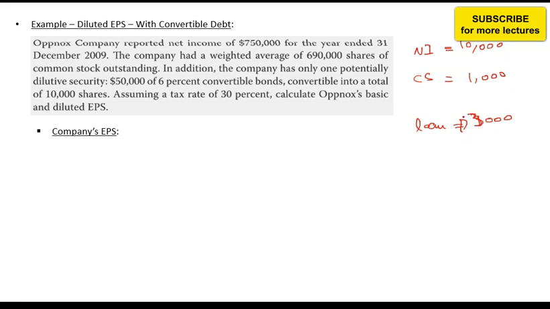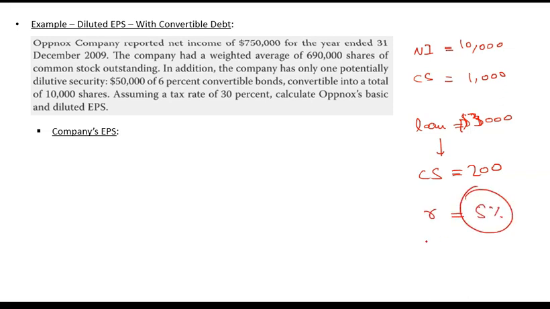This loan can be converted into a specific number of shares, let's say 200 for simplicity. The interest on this loan is 5%. So if I have to calculate diluted EPS, my diluted EPS would assume that this convertible loan has been converted, and let's say the tax rate is 30%.